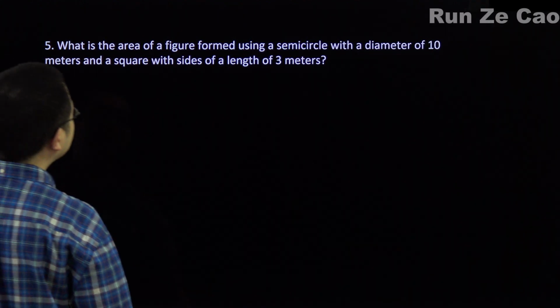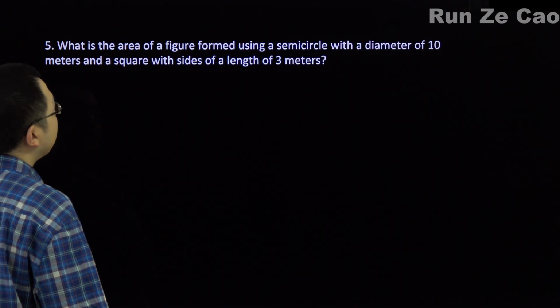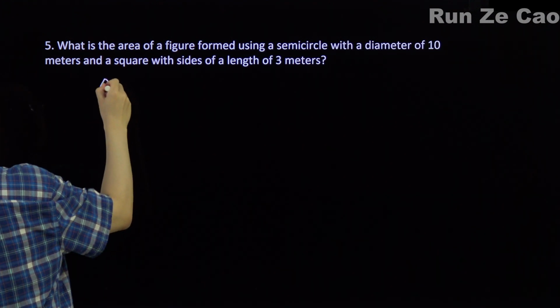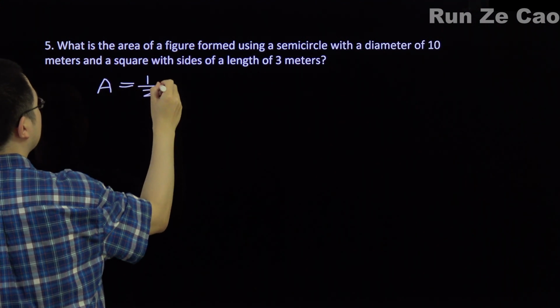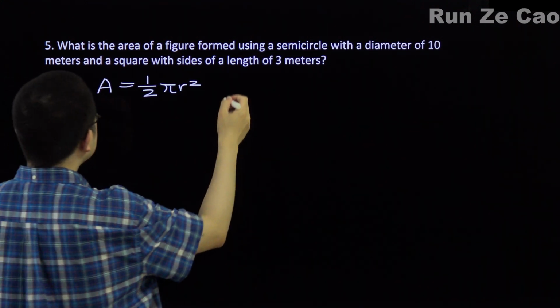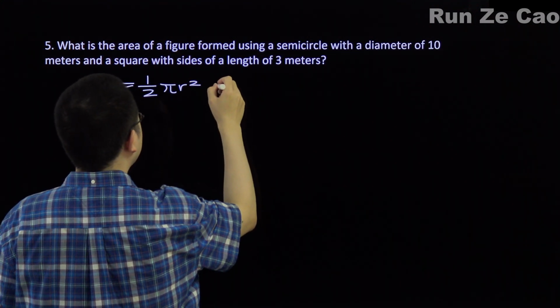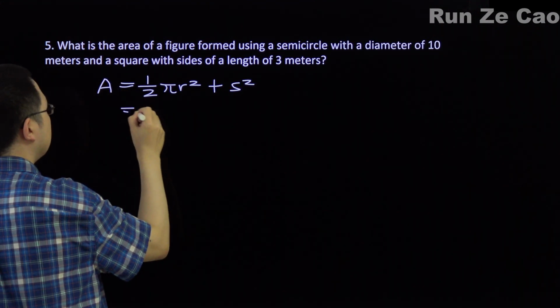Well, whatever. It doesn't matter what this figure is. We just have to find the area. Area is equal to a semicircle, therefore 1/2 pi r squared, and a square, that means s squared.